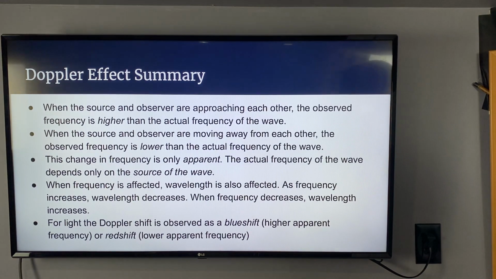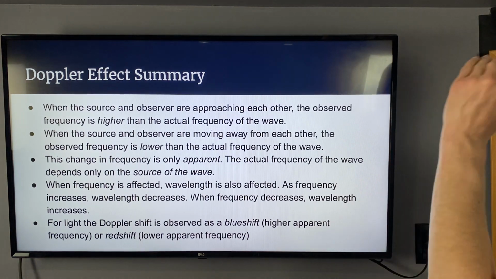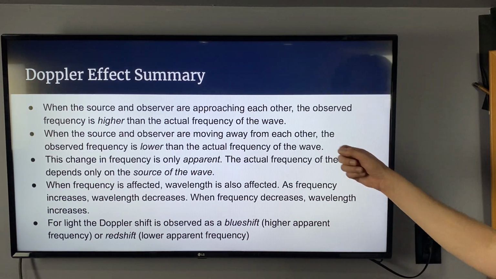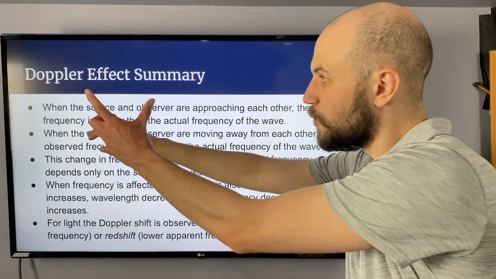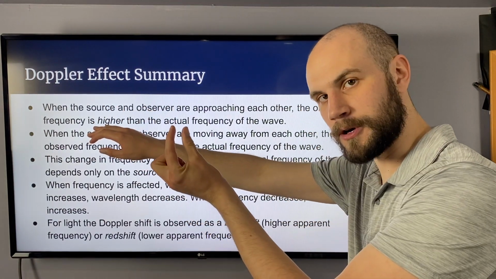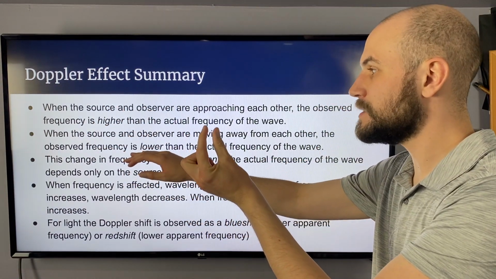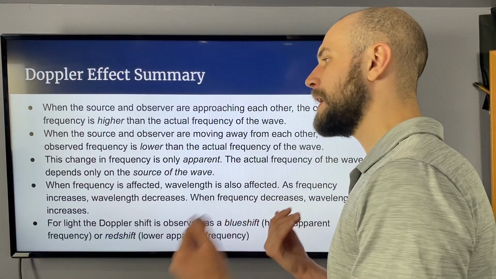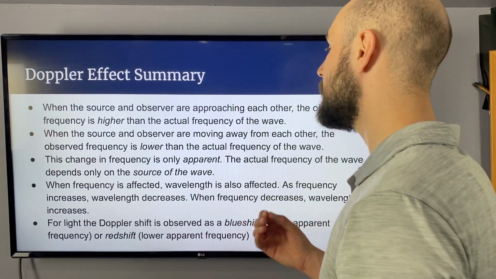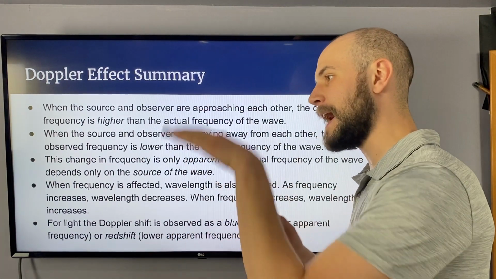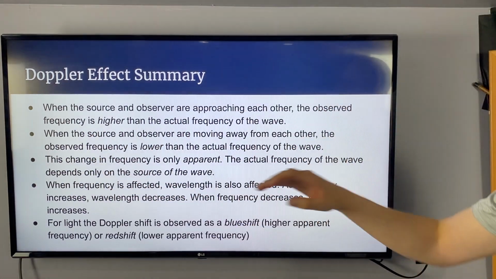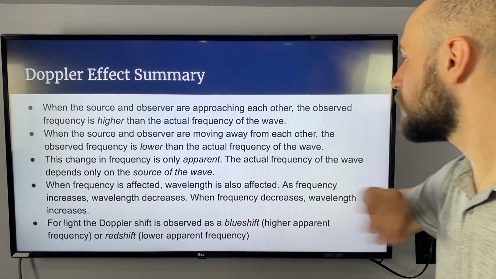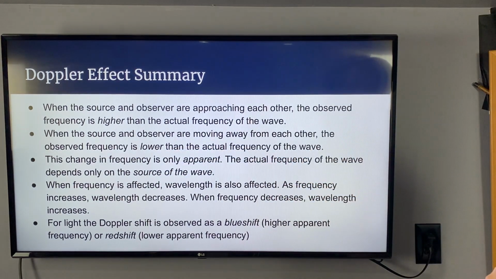When the source and the observer are moving away from one another, the observed frequency is lower than the actual frequency of the wave. Keep in mind that if the frequency is higher, the wavelength has to be shorter. And if the frequency is lower, those waves repeat less frequently. That means that the wavelength has to be longer, right? A lower frequency corresponds to a higher wavelength.